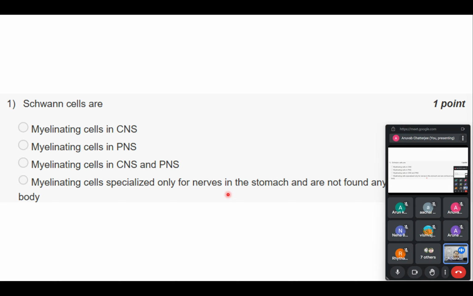So you have four options, A, B, C, D. You can put into the chat whatever you think is the correct option, so we can move forward.